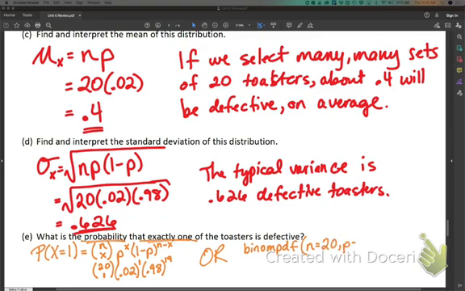It's going to ask you for P, the probability of success. That's 0.02. And it's going to ask you for your X value. That's how many successes or how many defective toasters are there. Either way, guys, whichever way you do this, you're going to get the same answer, okay? And that answer is going to be 0.2725.